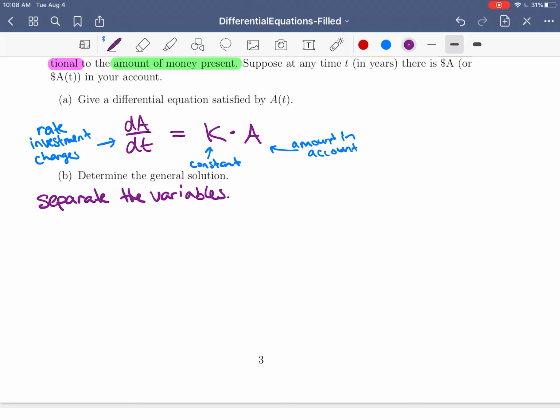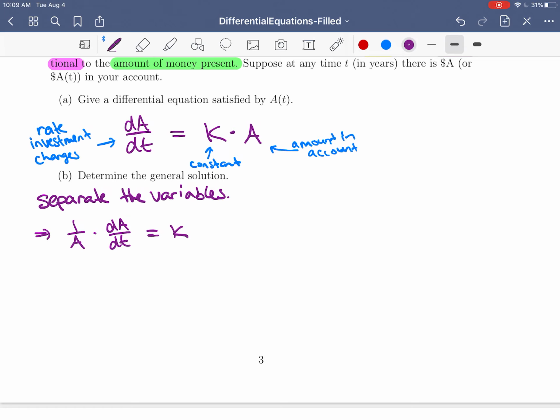That means I want to move A to the left-hand side, so I'm going to divide by A. I'm going to have 1 over A times dA dt is equal to k. Now, if you want to put k on the left-hand side, it's a constant, so it can go on either side. But I normally keep it with the t because I want to solve for A eventually, so it's better to already have it with the t.